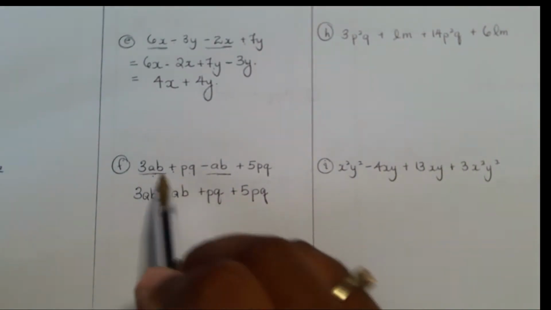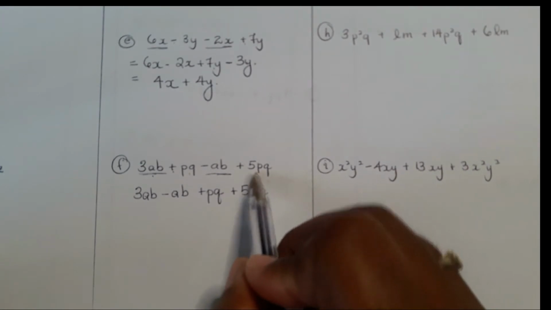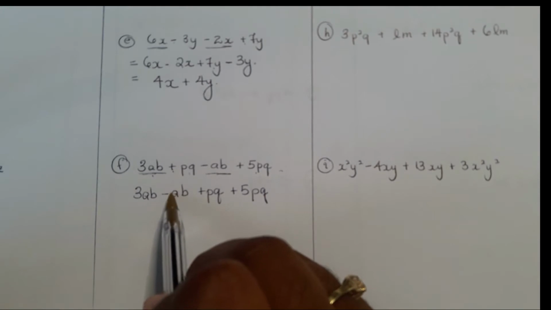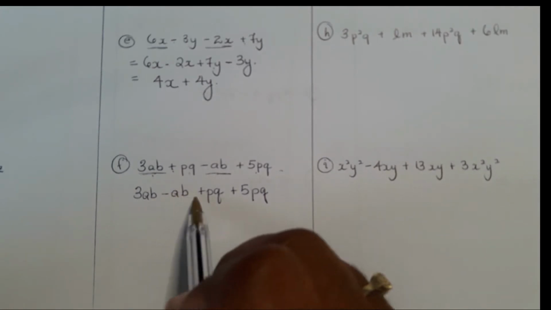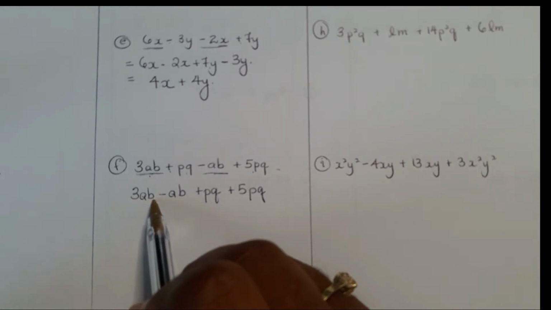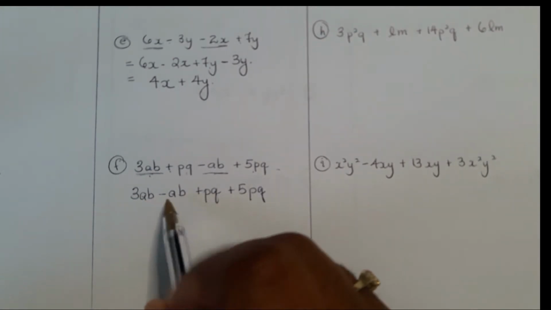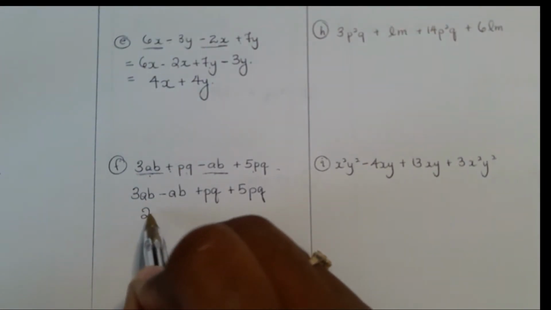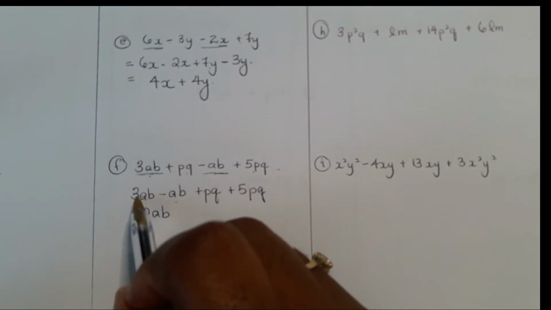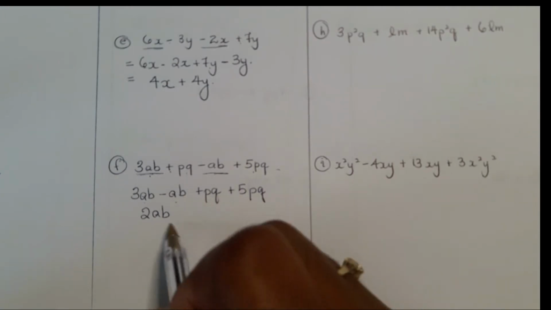So this and this match, and this and this match. You see that? PQ and PQ. And so we say, if you have no number in front of any variables, you just say it's a 1. So 3ab minus ab will give us 2ab. That's like saying 3 minus 1. So 3 minus 1 would give us 2.